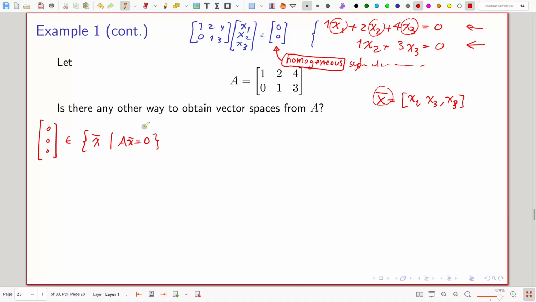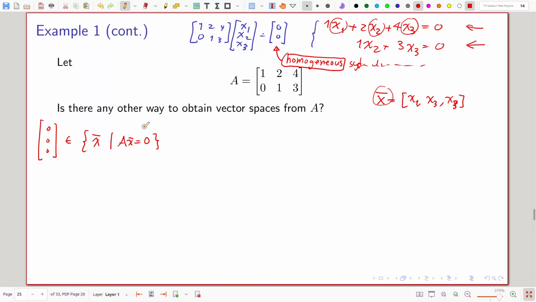Why is that? You can think of it this way. In the last equation, you have these 2 variables, right? So basically you can set x3 to be anything, and then you compute x2.